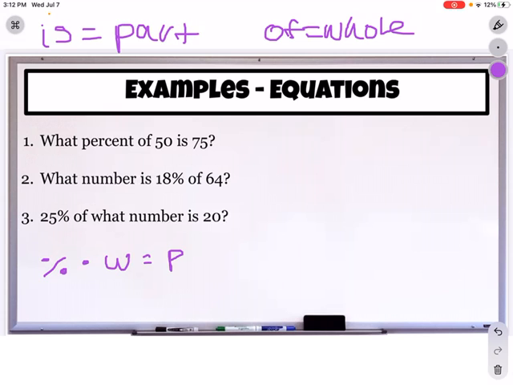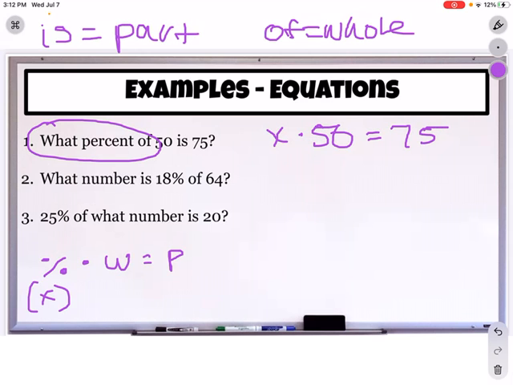What percent of 50 is 75? Number 1. So they're asking for what percent, which means I'm just going to leave this as a variable x. What percent of 50? Of 50, which means that they're asking for the whole. So I can do times 50 is the part, is 75.